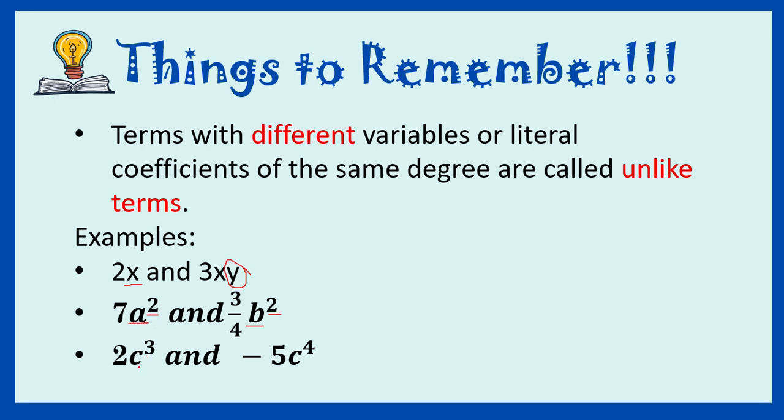And of course, sa example number 3 natin, 2c cube and negative 5c raised to 4. Magkaiba ang variable, magkaiba ang exponent ng dalawa. So, this is unlike term. Okay? Sana naintindihan mo ang difference between the like terms and unlike terms kasi parang nire-review lang natin ito. Very good ka dyan kung naiintindihan mo.